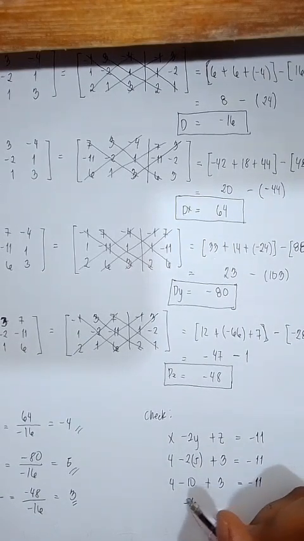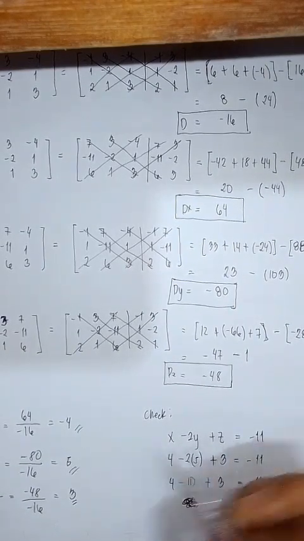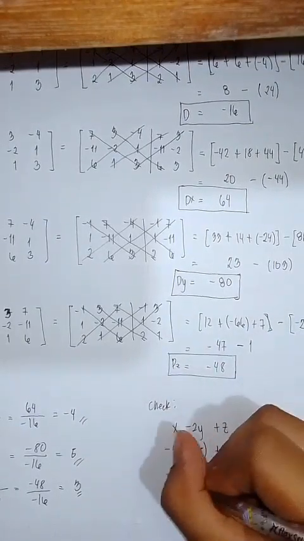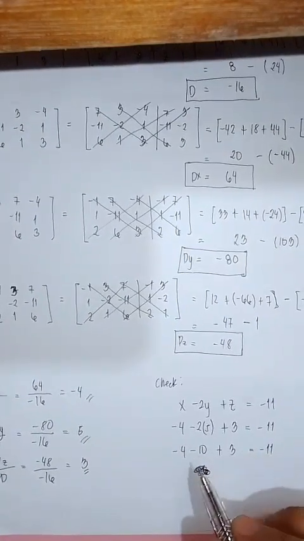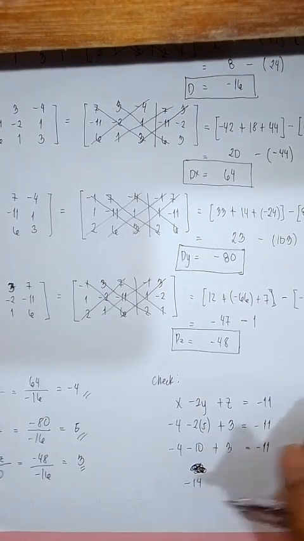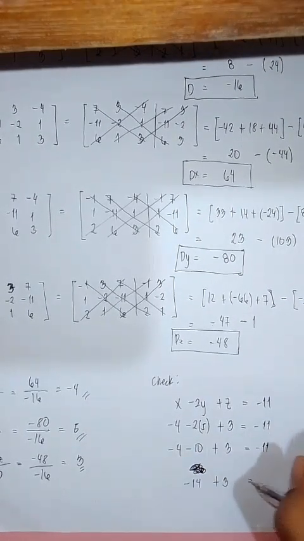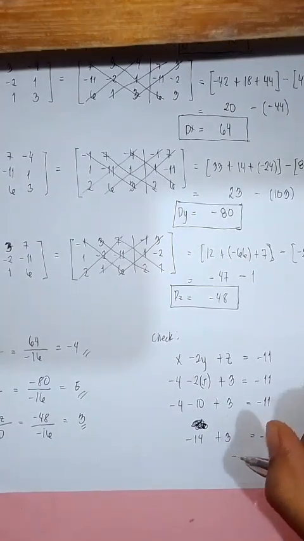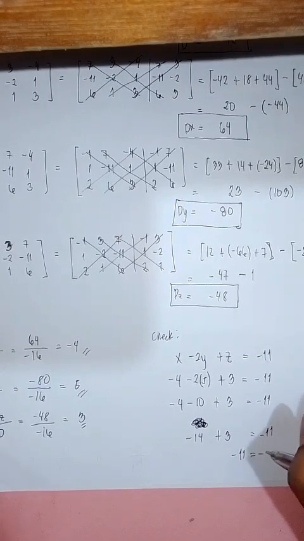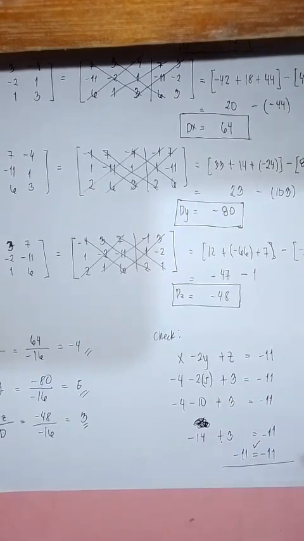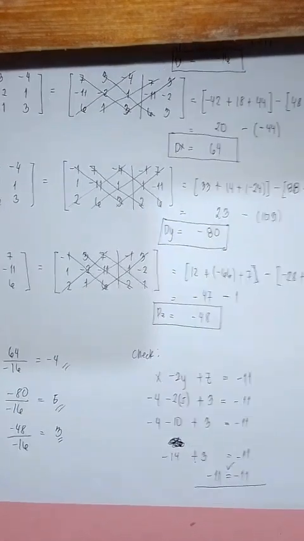Oh, sorry. The value of our x is negative 4. So negative 4 minus 10 is negative 14, plus 3 is negative 11, which is equal to negative 11. So therefore, these are correct.